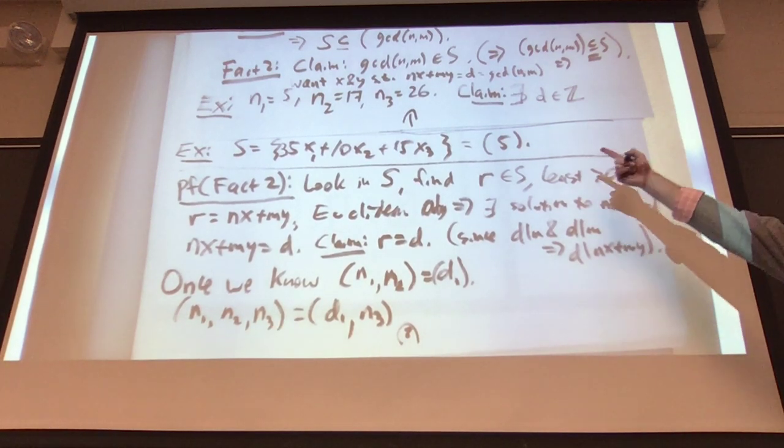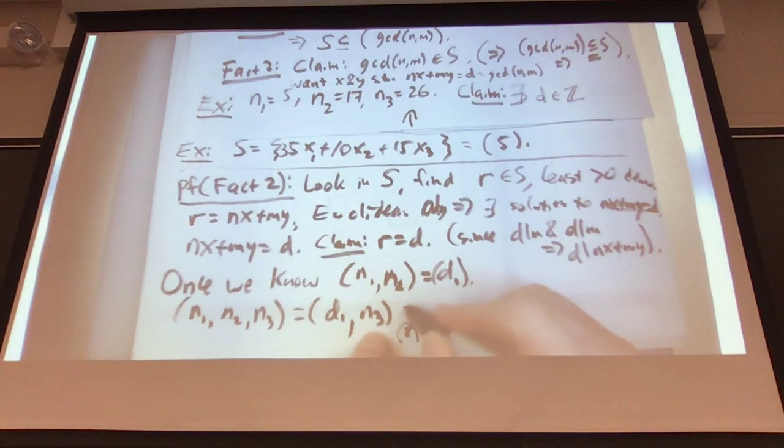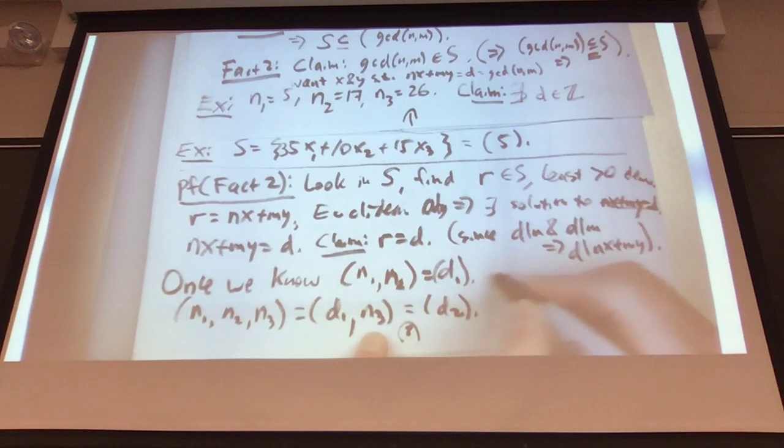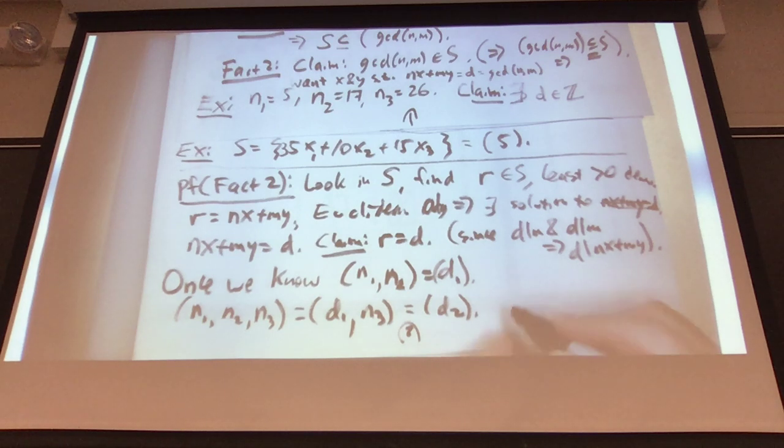And now we apply the previous argument, and that gives us an even further GCD, D2, where D1 is the GCD of the first two, D2 is the GCD of the first two and the third, which is the GCD of all three, and so on.